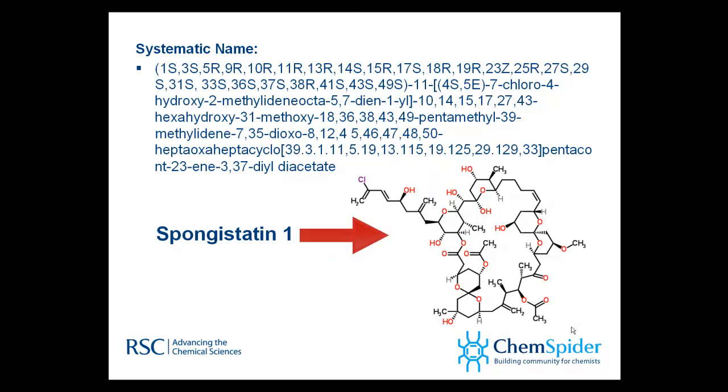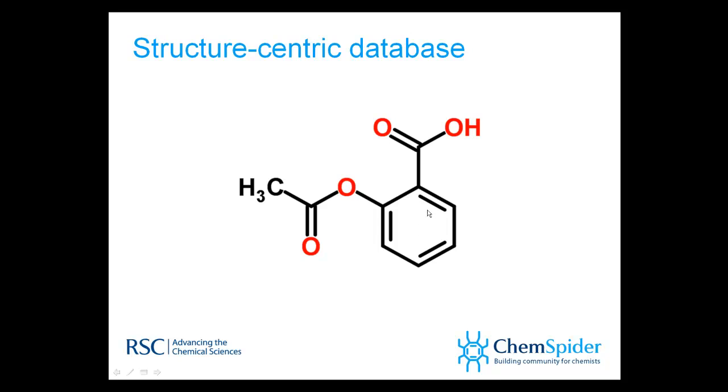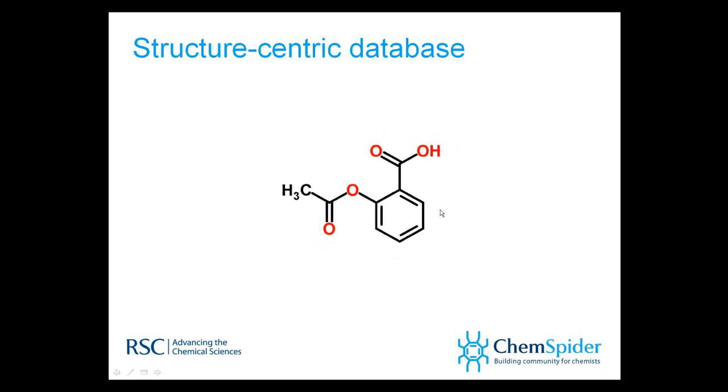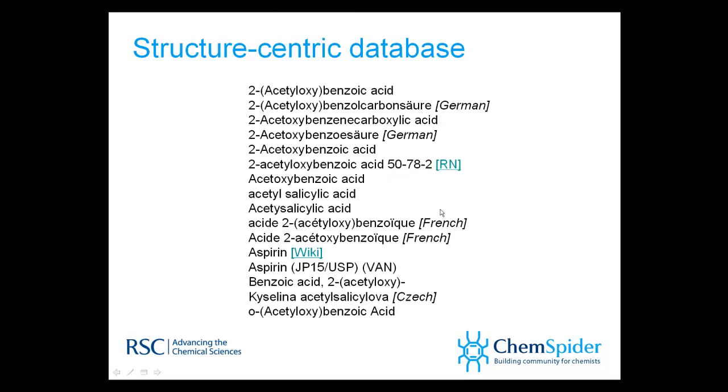One of the key features about ChemSpider, because it is a structure-centric database, is that it enables you to do different kinds of searching. You can't do reaction scheme searching, and it's not an exhaustive literature database, but it's really powerful in other ways. So now you can have a chemical structure and you can associate lots and lots of different bits of information with that chemical structure.